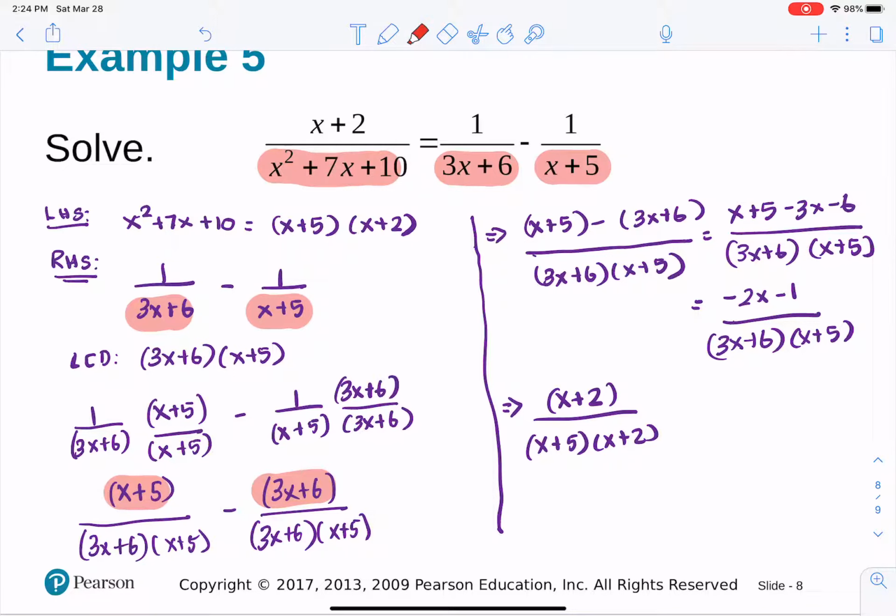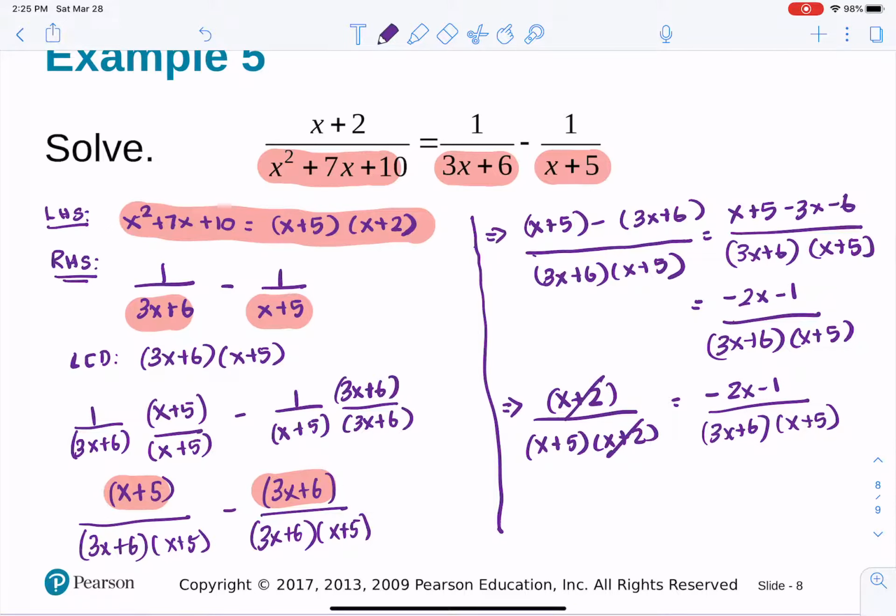That is what we did here. We rewrote x squared plus 7x plus 10 as x plus 5 times x plus 2. On the right-hand side, we have negative 2x minus 1 divided by 3x plus 6 times x plus 5. So those two terms are in common. We cancel them out.